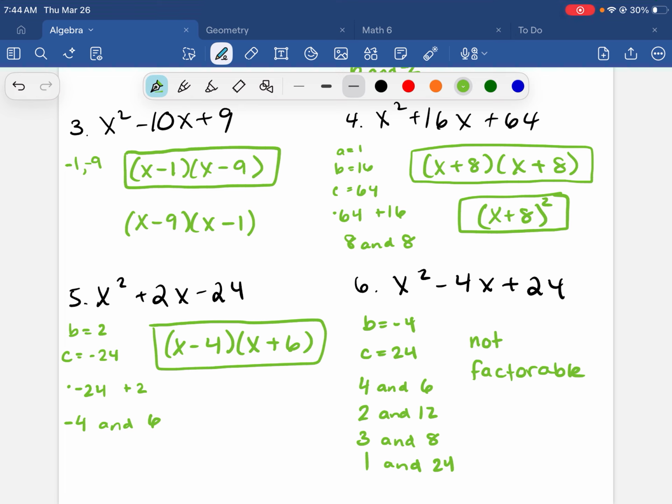Even if I tried here, negative 4 plus 6 is 2, 4 plus negative 6 is negative 2, negative 2 plus 12 is 10, negative 12 plus 2 would be negative 10, 3 and 8 would be 5 and negative 5, and so on. So this one is not factorable.